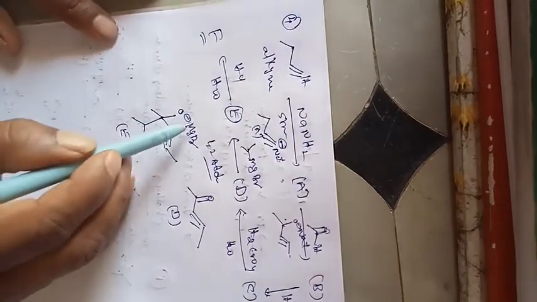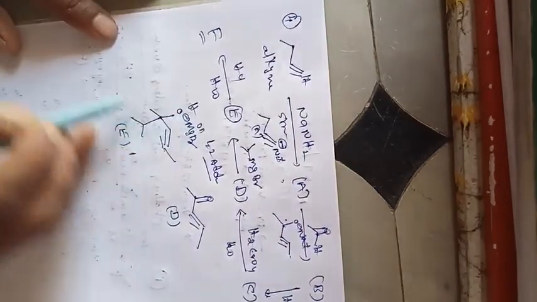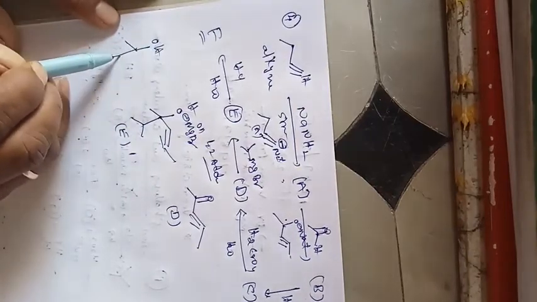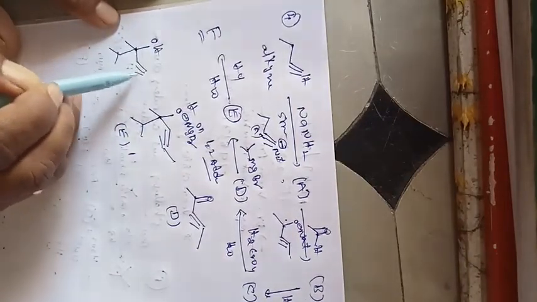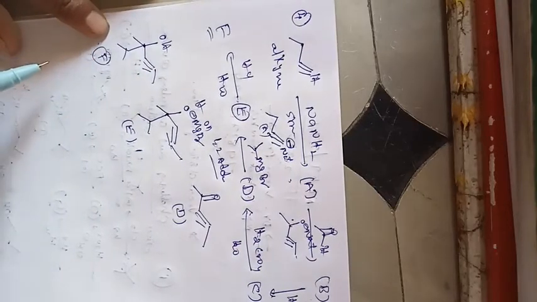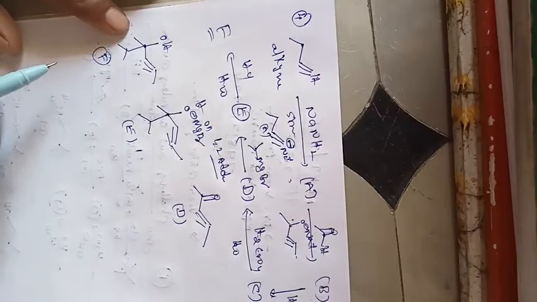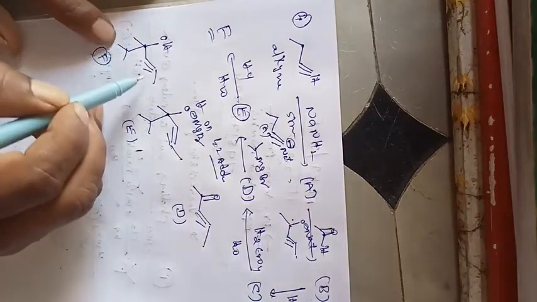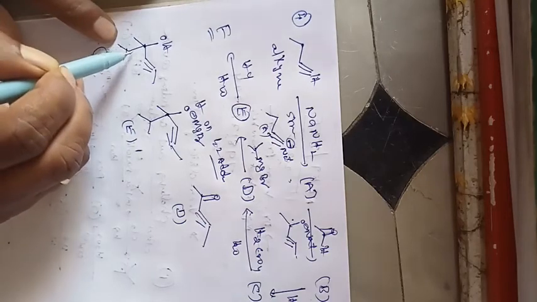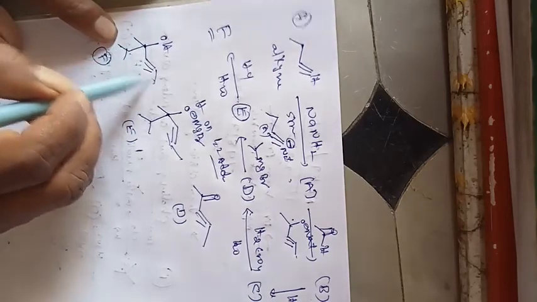So then hydrolysis here, HOH. So what is the F product here? So tertiary alcohol like that. So this is the F product. So what is the IUPAC name of this one? So highest chain 1, 2, 3, 4, 5, 6.